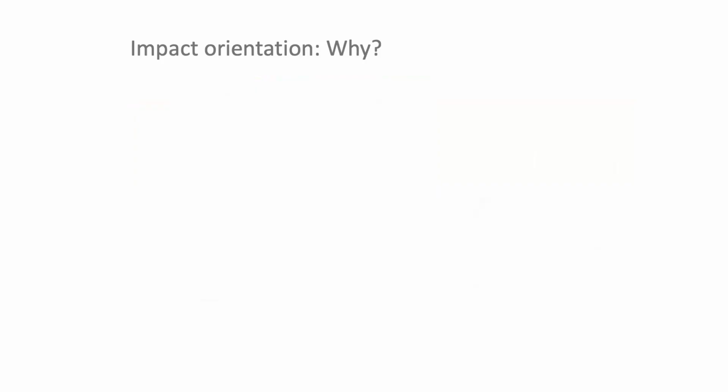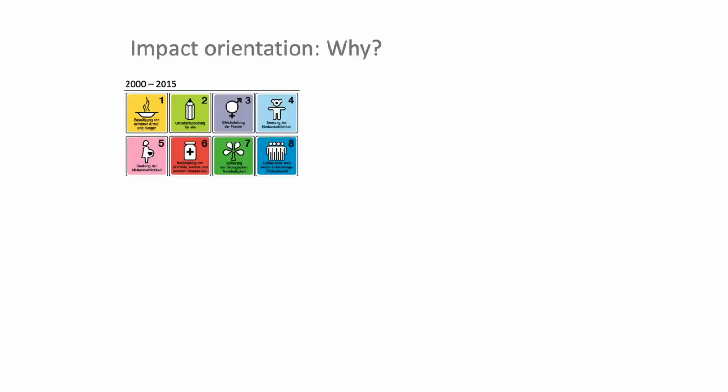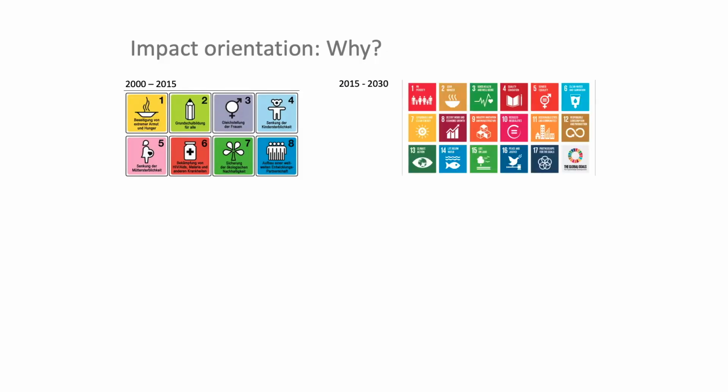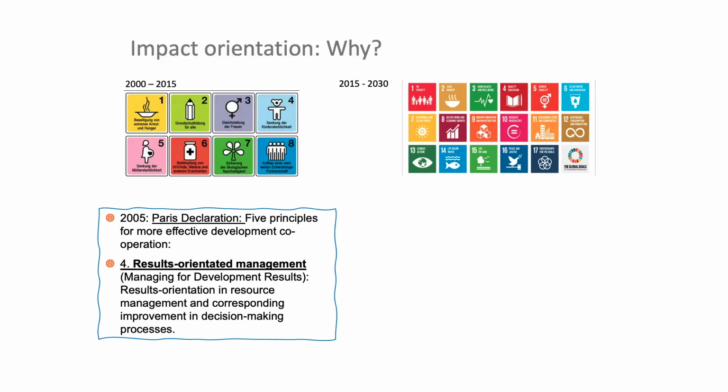Yes, the aspiration to work more impact-oriented began with the new millennium and was reflected in the MDGs, the Millennium Development Goals, and after 2015 in the SDGs, the Sustainable Development Goals, and is also stated as one principle of the Paris Declaration, which says that result-oriented management, this is another term for impact-oriented management, that this result orientation or impact orientation in resource management and corresponding improvements in decision-making processes are important for effective development cooperation.